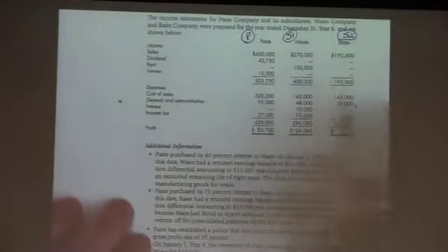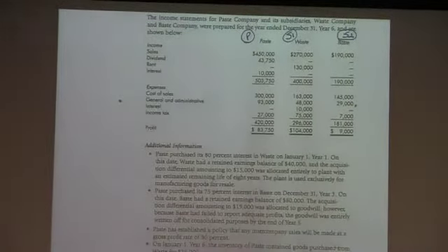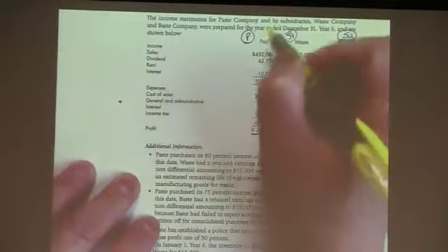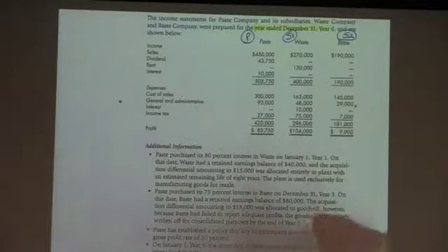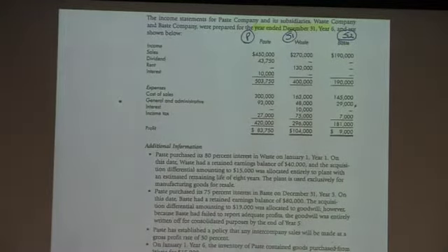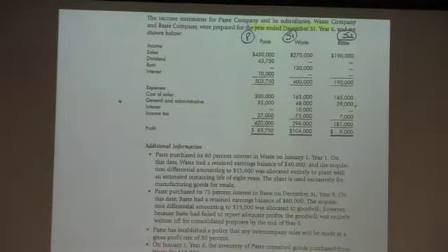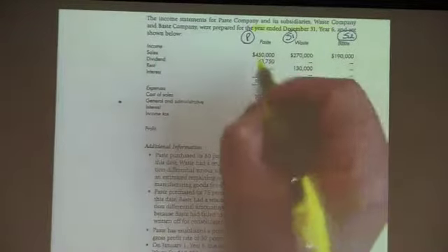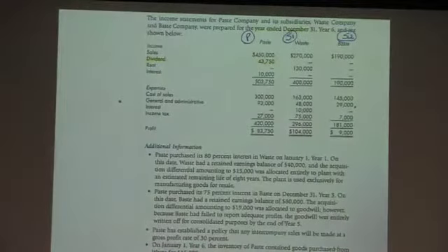It doesn't matter. And the income statements for Waste and Base were prepared for the year ended year 6. So this is the year end that we're working with, and these are the financial income results for the 3 companies. So there's a couple of things to note. You see that they receive dividends, so there's a dividend income. I always pay attention to that.